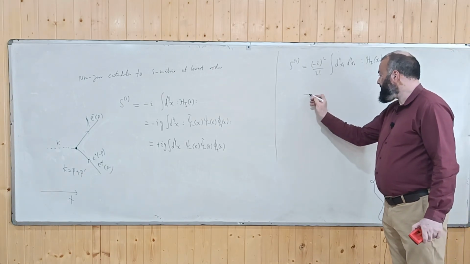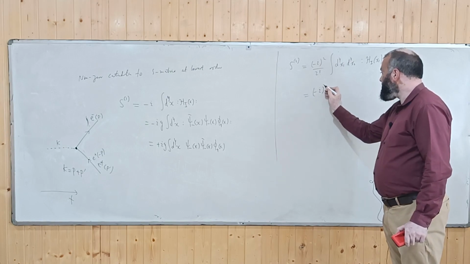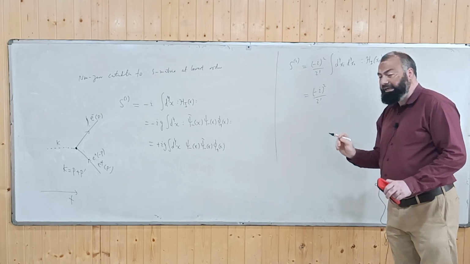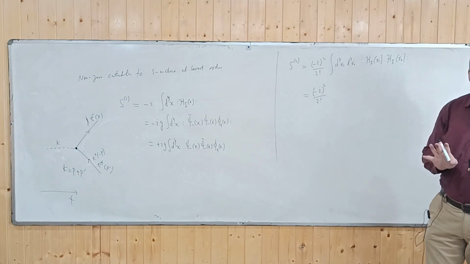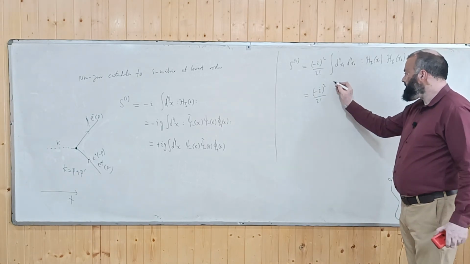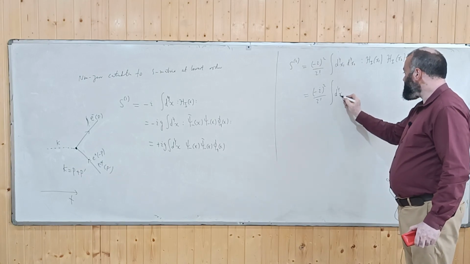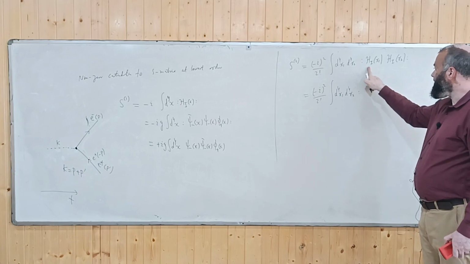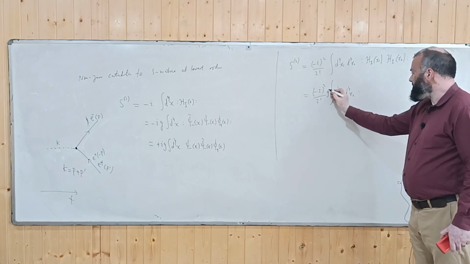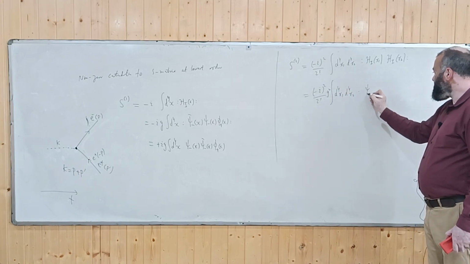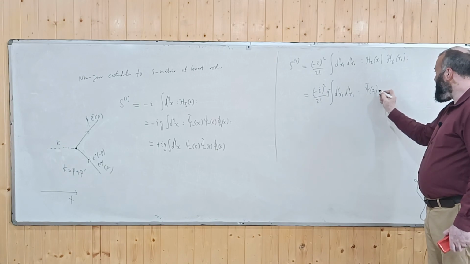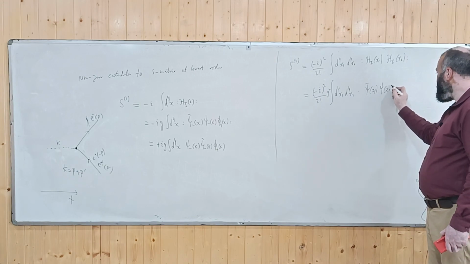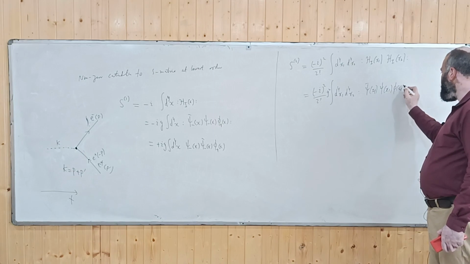So let me write it. It's minus i squared. We are just learning the diagrams. I am not giving you the calculation of a process. That we will do in the next lectures. So d4 of x2. What is H? It is G times psi bar of x1, psi of x1 and phi of x1.